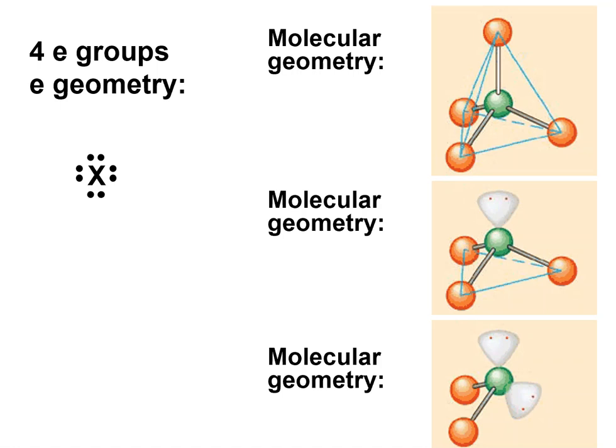Now to four electron groups. If you have four electron groups, the way that they can get the furthest away from each other is to be in a tetrahedron. The electrons go out to the corners of a little pyramid with a triangular bottom. So the geometry of the electrons is called tetrahedral.